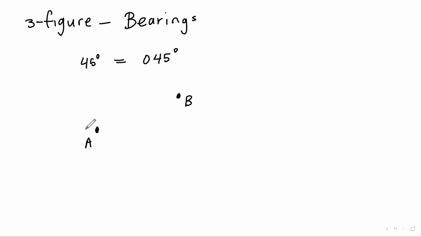A bearing is a clockwise angle that we use, right? So if I'm looking at the bearing of B from A, my north line goes at A. So I'm going to put my north line here at A. And the bearing of B from A is going to be the clockwise angle between the north line at A and the line that connects A to B, like this.